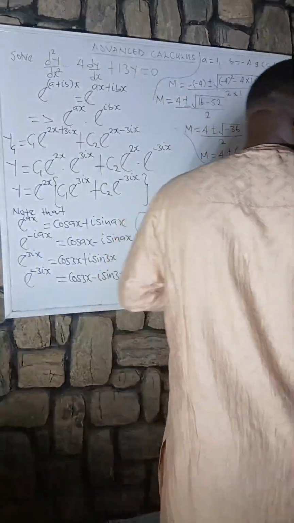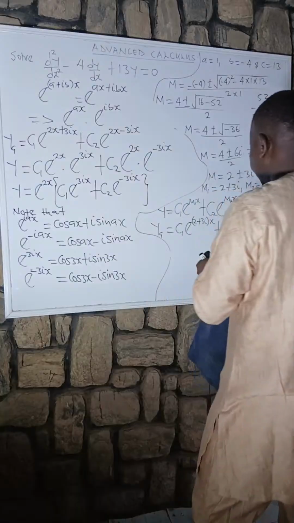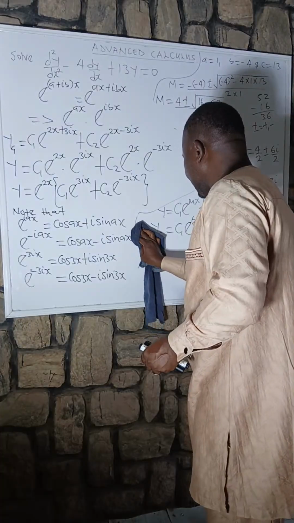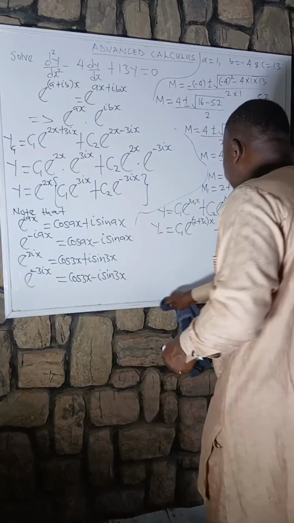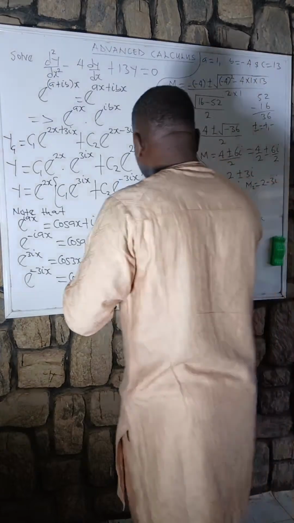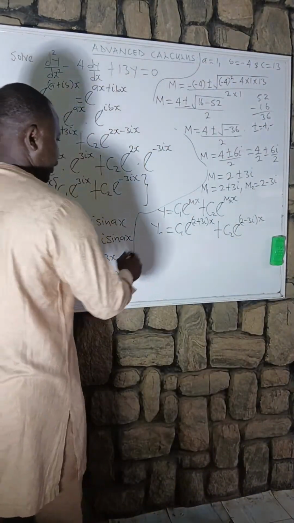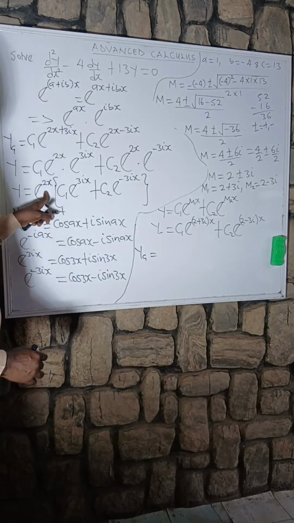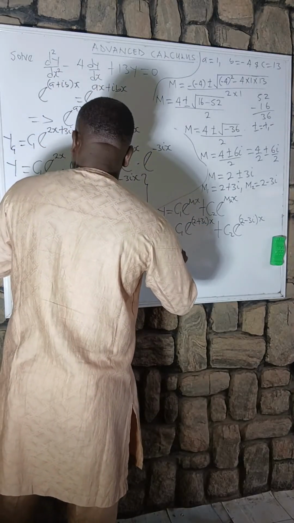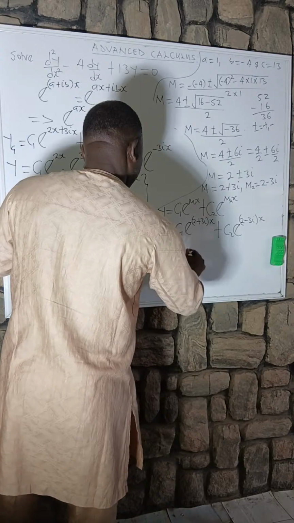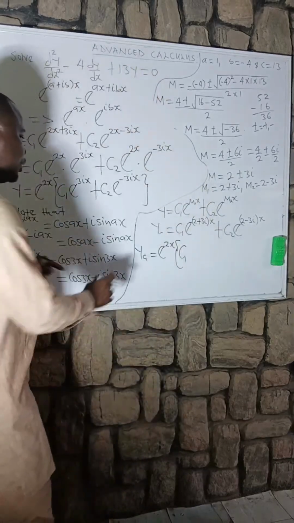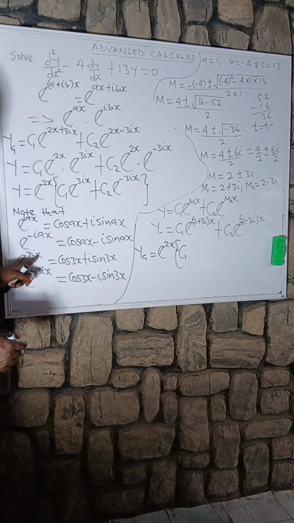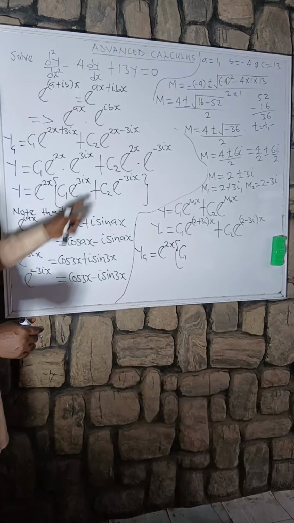So you can now see that our general solution will now become in this form. Factor out exponential 2x, open brackets, our c1. Can you see now, here is exponential 3ix.